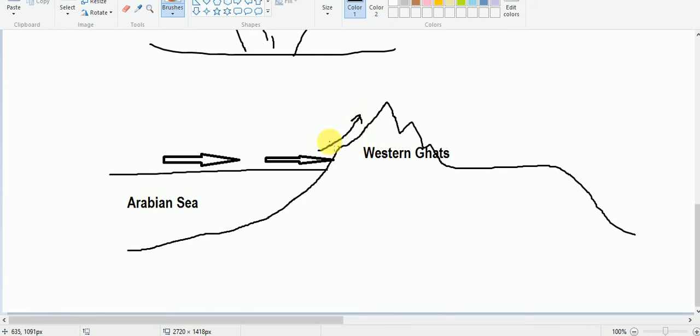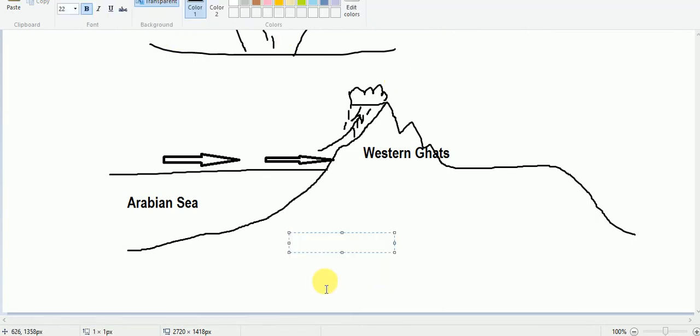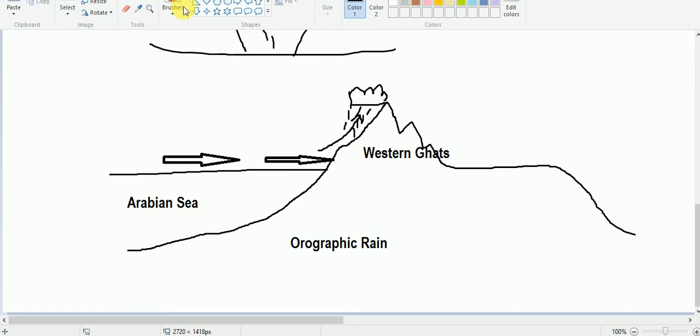When a parcel of air is forced to rise up the slope of a mountain, the air is cooled down, and because of that, clouds will be formed. Here, clouds will be formed, and there will be rainfall on this windward side. Such type of rainfall is known as orographic rainfall. The rainfall which is caused by obstruction by a mountain is known as orographic rainfall.